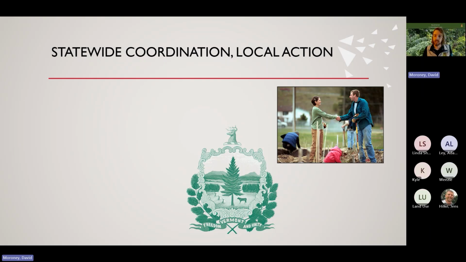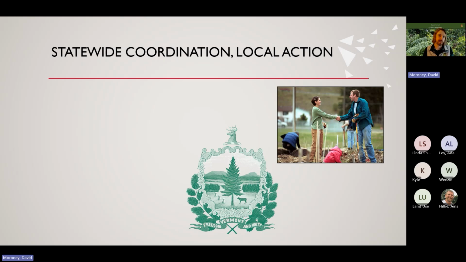Some parts of the landscape are providing really important connectivity functions, while other parts are providing more of those interior forest functions, for example. So we want to have a good sense of both the patterns in our overall priorities and also where these functions are on the landscape, so that we can take local actions that also connect us beyond our town boundaries to an overall statewide coordination.